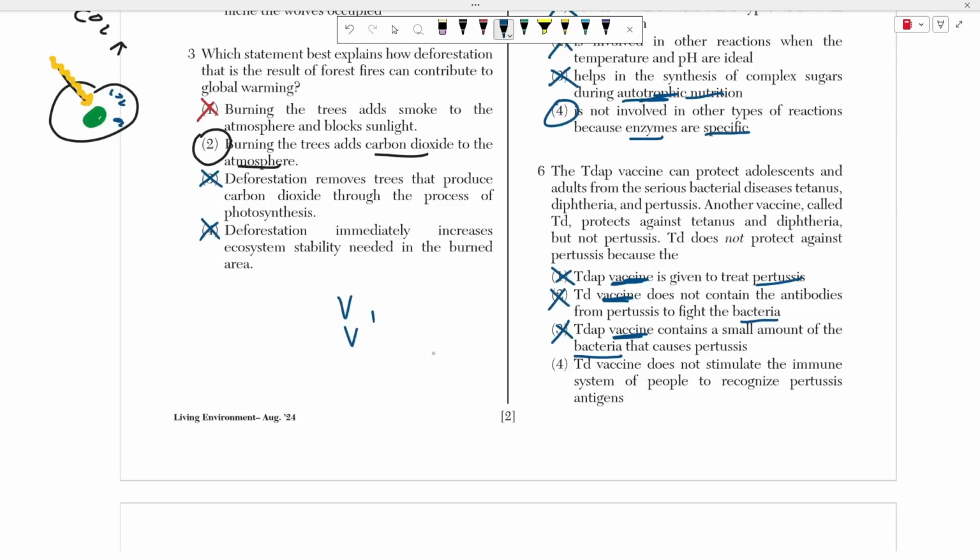So either it contains a very weakened and dead version of the virus, or it contains parts of the virus that stimulates your immune system to say, hey, this guy doesn't belong here. But because it's weakened, or it's only certain parts of the virus, it's not actually going to cause you to get sick. Right? You're introducing a very tiny amount of the virus into your body so that your body can kill it off and write it down and remember how to kill it in the future, which is choice 4.